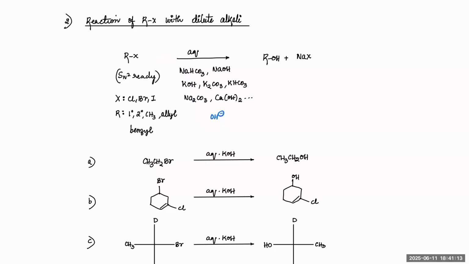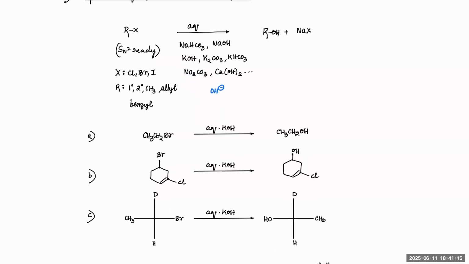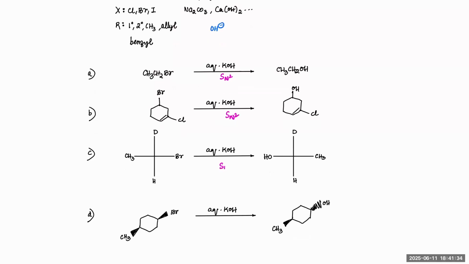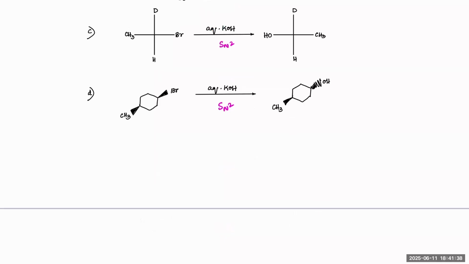So you can see the first reaction will go via SN2, right? Second reaction, between these two positions, you know that this is vinyl chloride. Vinyl chloride cannot make any substitution. This will be bromide, so this will again be SN2. This will also be SN2 with inversion. Here this is SN2 with inversion. Bromine is being removed, OH minus is coming. Correct?